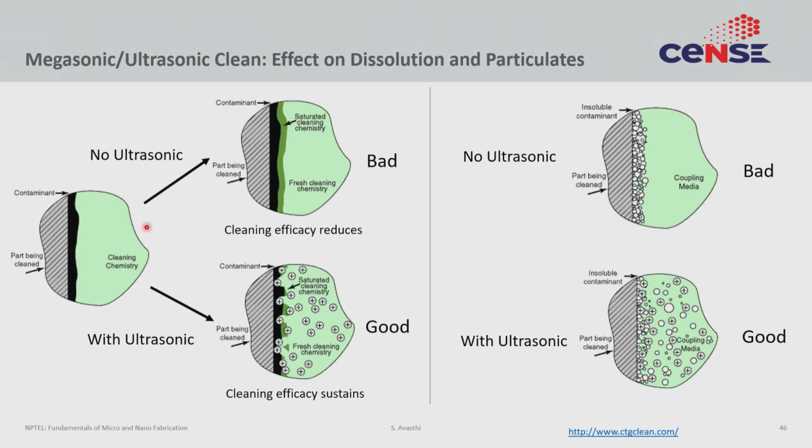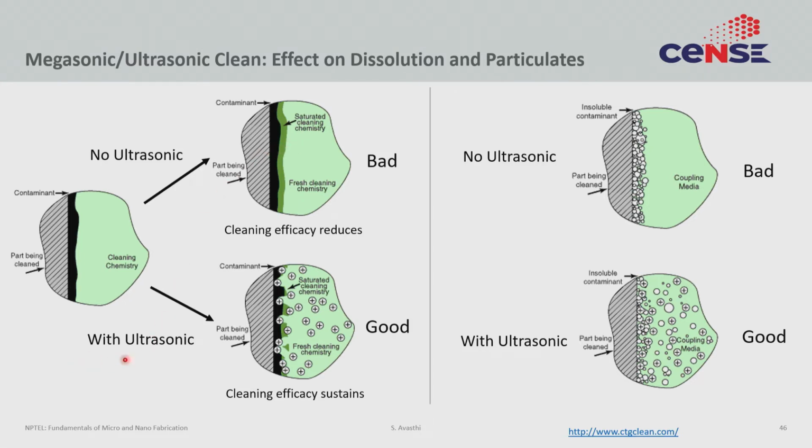Here is an example. You take a surface, that surface has some crud, some contamination that is given by this black line, and then you have some cleaning chemistry. It can be any of the chemicals that we have talked about till now. When you do not have ultrasonic, you have a saturated dead layer on top of this contamination, and you are only relying on diffusion for the contamination to actually leave the surface.